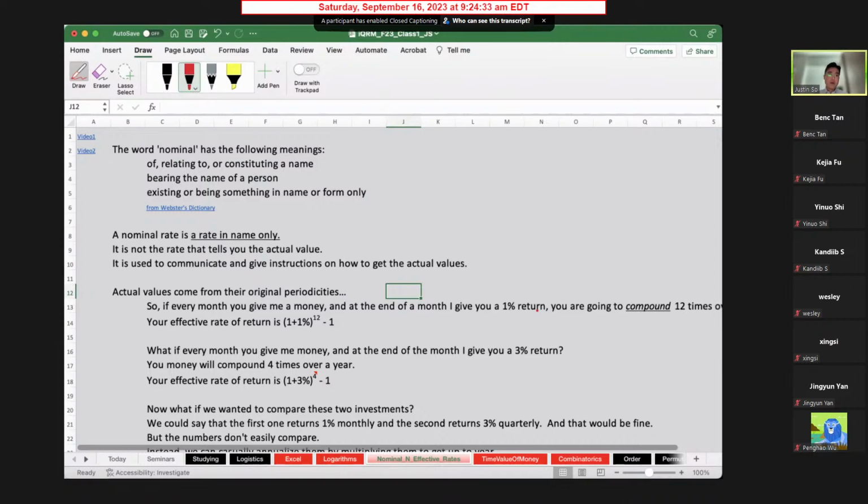That's what the nominal rate usually shows you. But if a certain investment or a certain bank account, if you put money in there, you get a return. But this return is given to you every month, let's say at the end of the month. And the percentage is given to you as 1%.